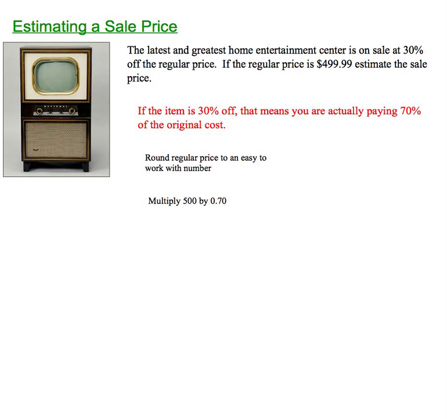Well, if it's 30% off, here's what it really means, is that it's regular price $499.99. That is 100% of the price. So if it were on sale for 0% off, this is what you pay, the actual price, $499.99.